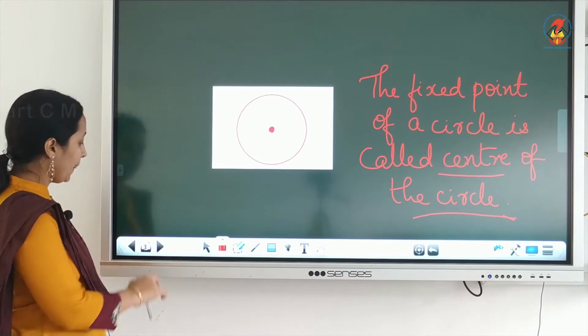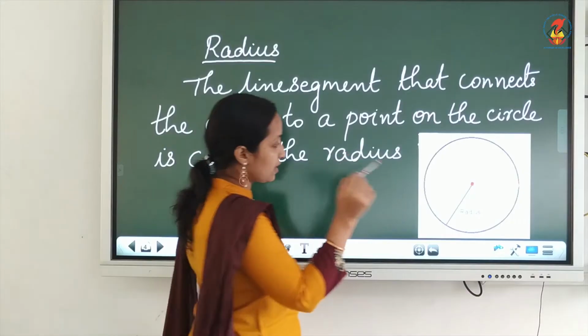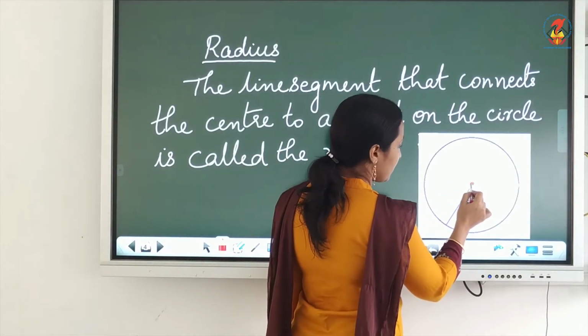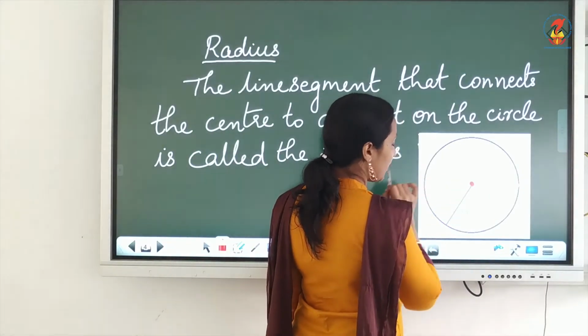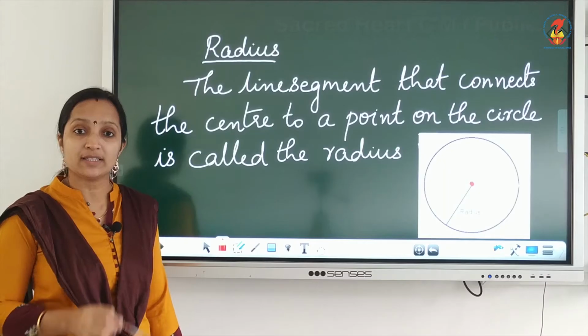Okay children, now move to the next topic. Radius: the line segment that connects the center to a point on the circle is called the radius. We already studied this center point, the fixed point. And from center to any point on the circle, that means any point on the boundary, is known as radius.